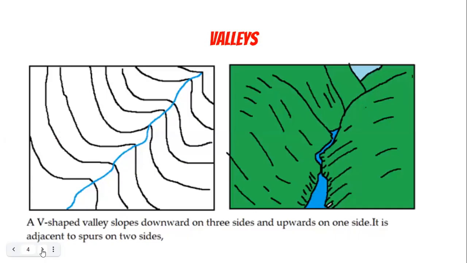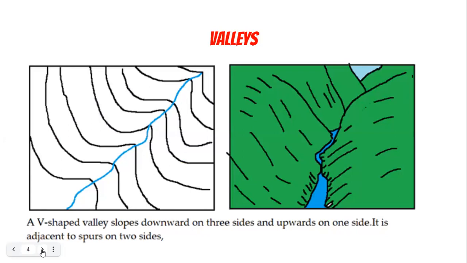Okay, so another lowland feature is a valley. And a valley is basically a lowland that has highlands on either side.